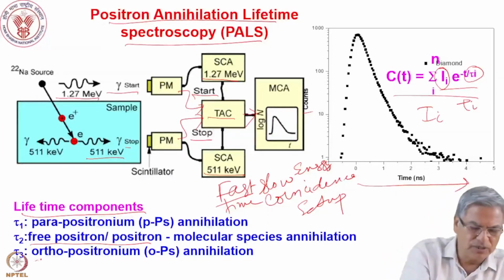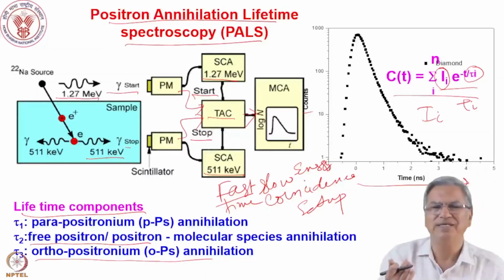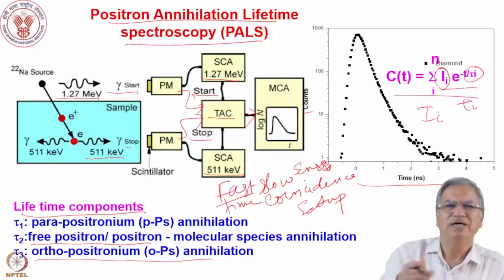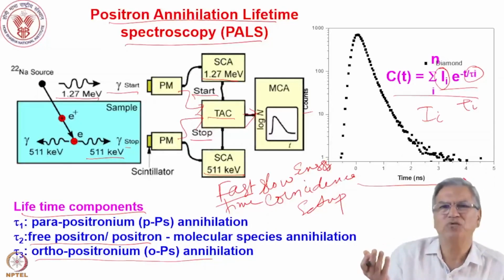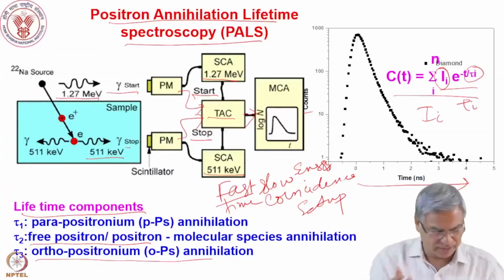And third is tau 3, the orthopositronium annihilation. Orthopositronium lifetime is 140 nanoseconds, but this tau 3 is not 140, it will be a few nanoseconds. So you have 125 picoseconds, another one maybe 150 to 200, something like that, and tau 3 is the longest-lived component that can vary depending upon the type of material that you have.